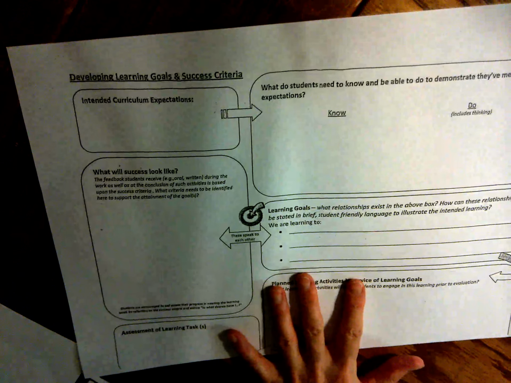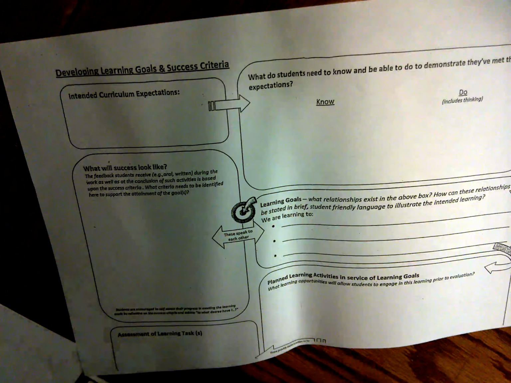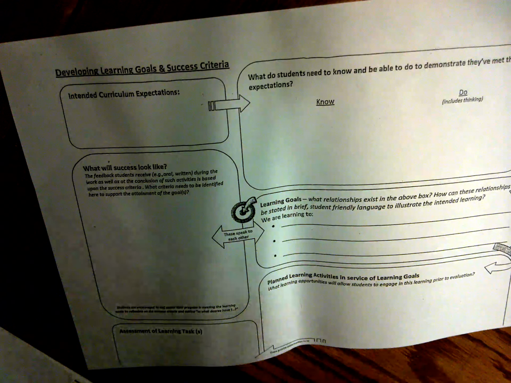This is called the Kawartha Pine Ridge District School Board Planning Template. It's based on assessment for learning and based on learning goals, criteria, feedback, all of that sort of thing, rather than the typical backwards design, which is, think of something that you're going to do at the end and then plan all of your lessons up to that.